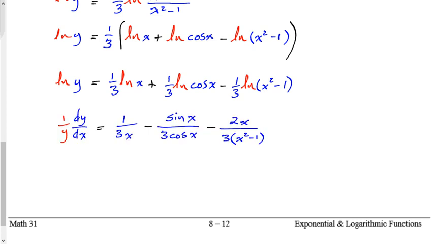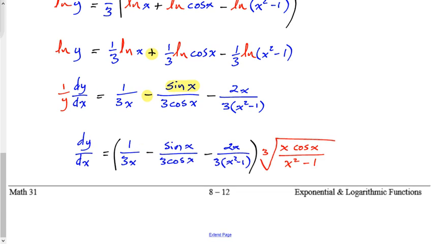And notice here when we take the derivative of the cosine, we get a negative sign. So this addition turned into a subtraction because this sine of x is a negative, being the derivative of the cosine of x. Then we'll multiply the y over to the right-hand side and we're done. On to the last question.